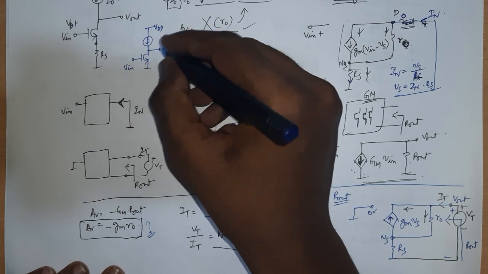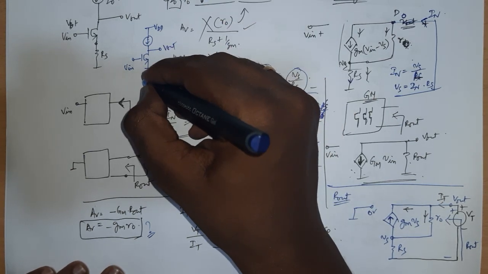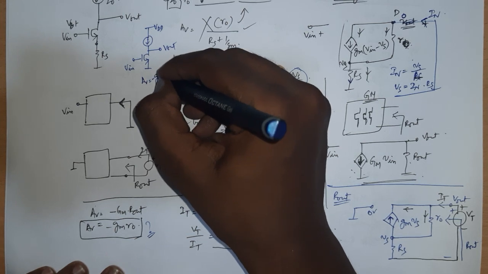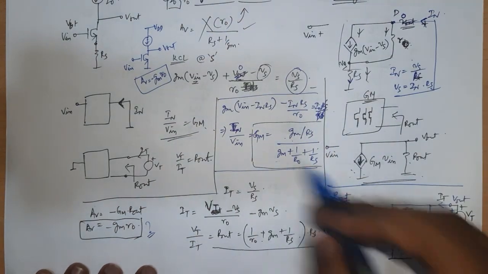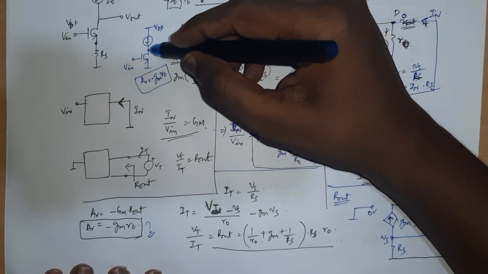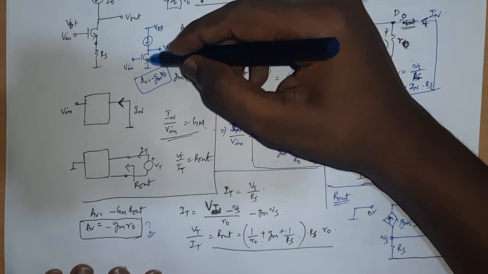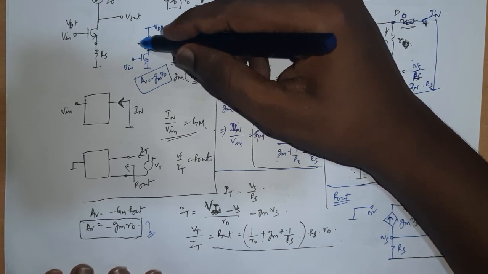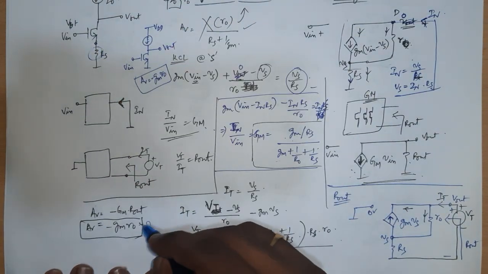In this case we saw the gain is AV equal to minus Gm R0, and that is how we started the question answer session. We said that if you don't have a load here, then you are assuming a load of R0, that is the RDS of the transistor. Here you have an Rs, and still you are getting minus Gm R0.